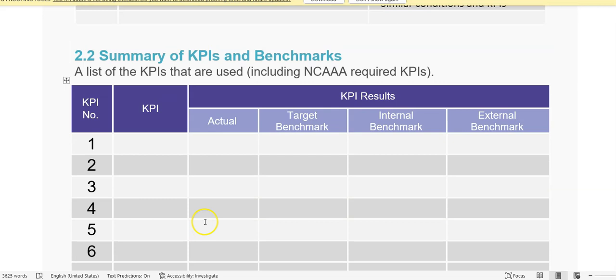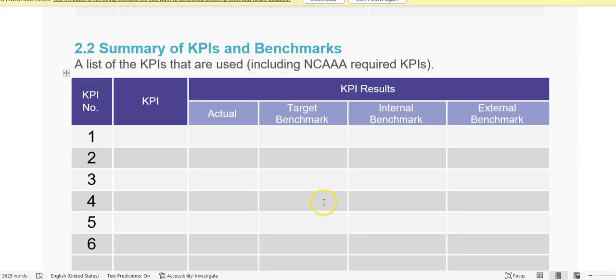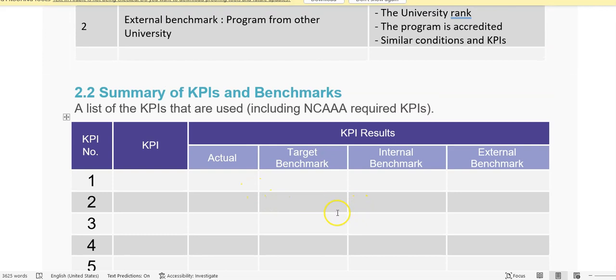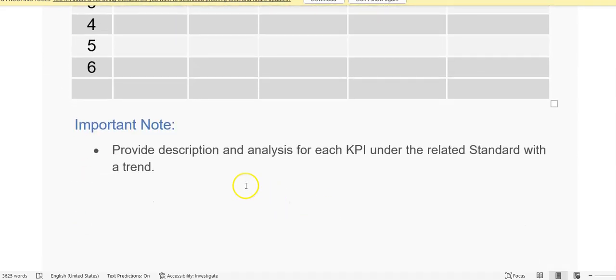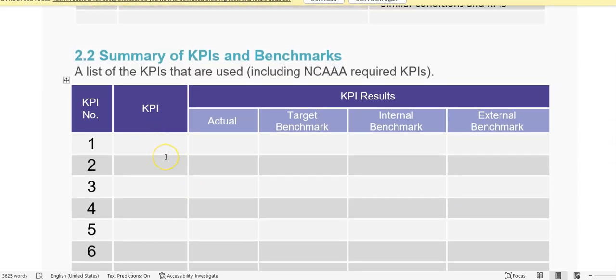Now, right here, only the KPI, the results of KPI, internal, external benchmark. After that, you have to distribute these KPIs over standards, and under every standard give description and analysis with a trend.